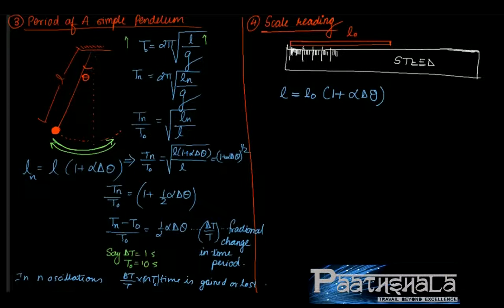At 1 unit on the scale, the length of 1 unit on the scale was initially 1 unit, right? So 1 unit new, after expansion, is going to be equal to 1 + alpha scale delta theta. This is for the scale. See, 1 unit is the distance between two points that have a measurement of 1.